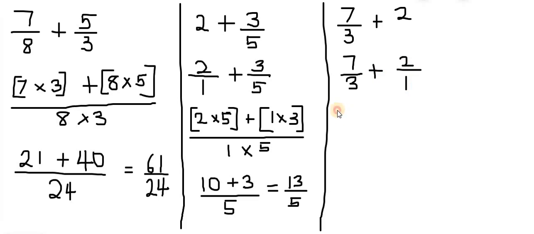So across, 7 times 1, the sign in the middle is plus. Across again, 2 times 3, or 3 times 2.